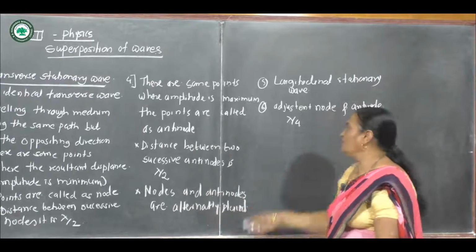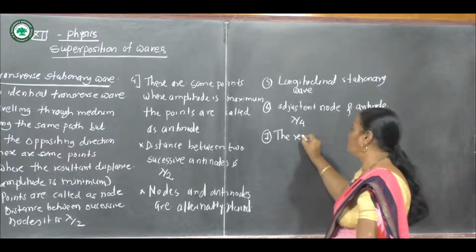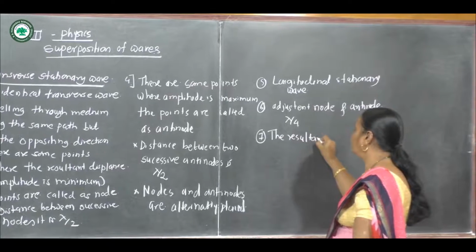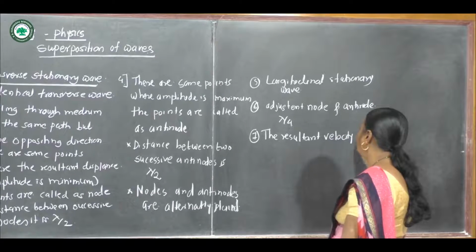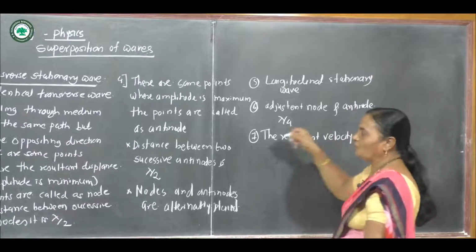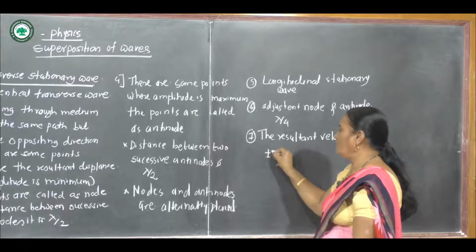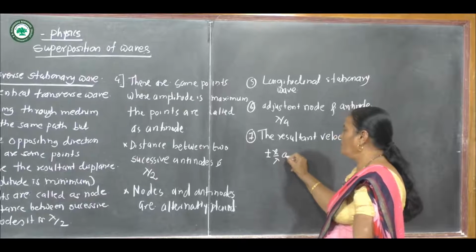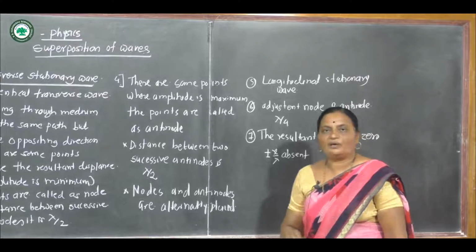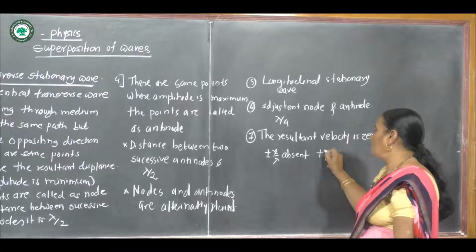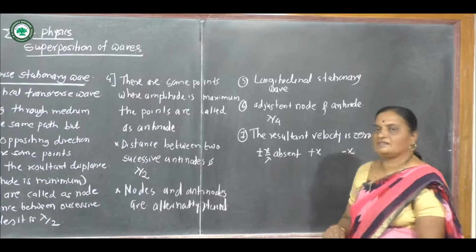The resultant velocity is 0. In the expression for a stationary wave, the term x upon lambda is absent. That is, the wave does not travel in the plus x direction or the minus x direction.